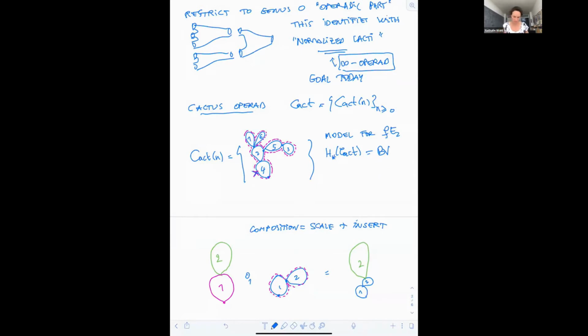So let me maybe define here normalized cacti. So Cact1 is a subspace of cacti with lobes of equal lengths.